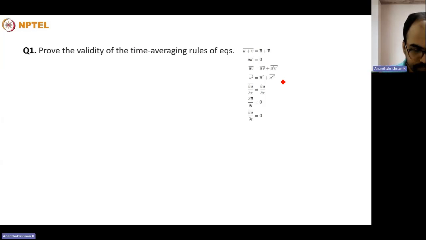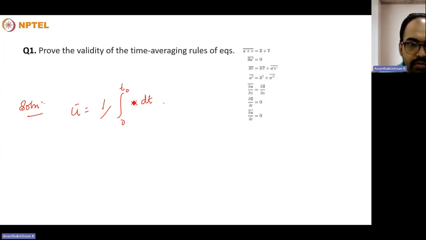So in this case, we need to prove these rules are valid. Before that, we will write what these terms mean. The definition of U bar is 1 by T0 times the integral from 0 to T0 of U dt.